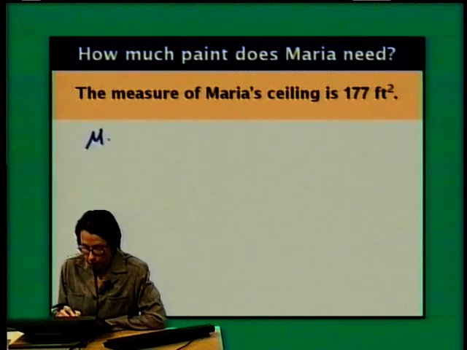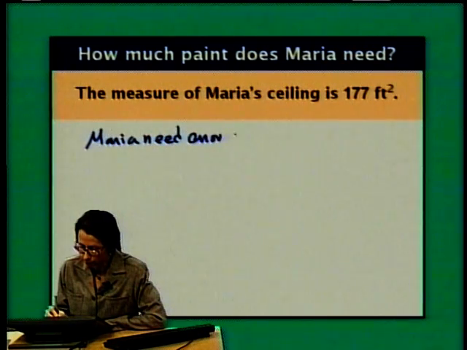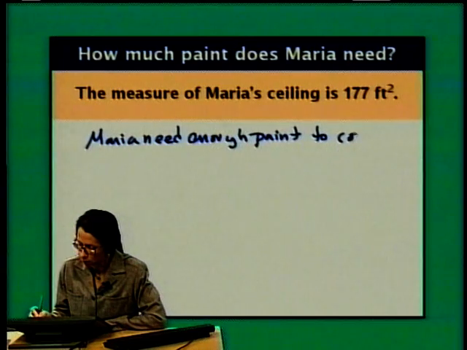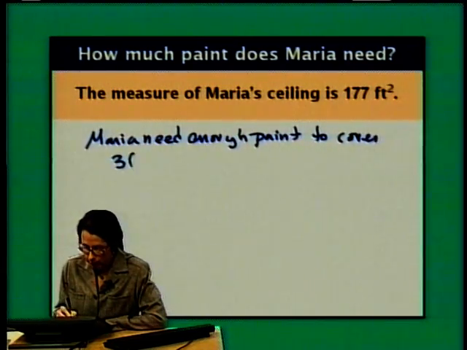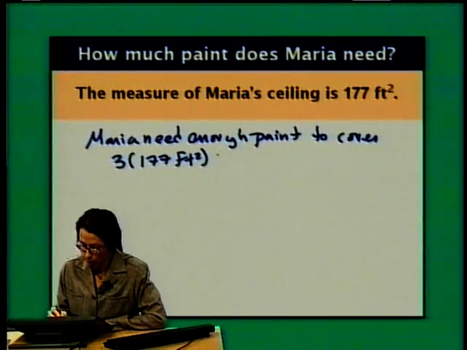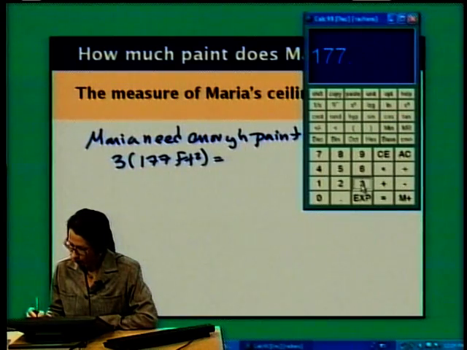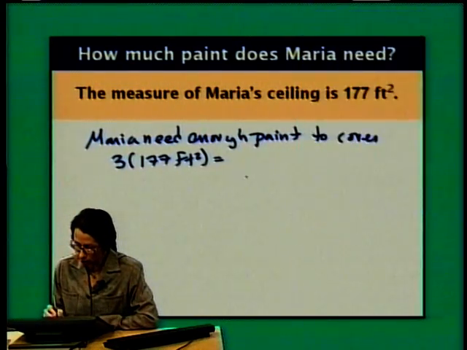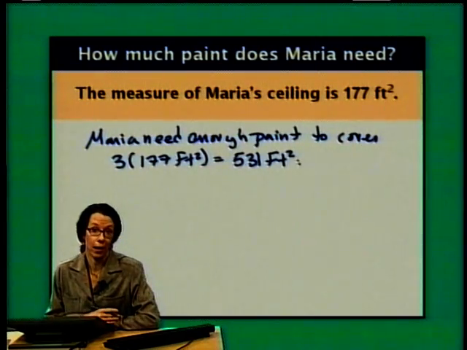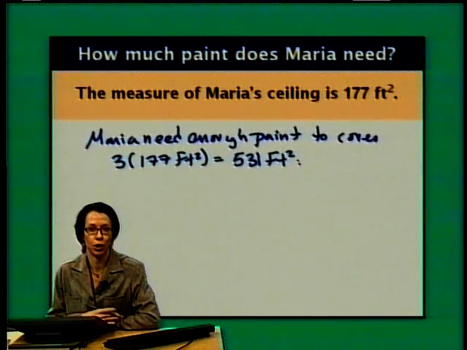So Maria needs enough paint to cover 3 times 177 square feet, which is, let's perform that calculation, 531 square feet. Okay, so we know how much needs to be covered by the paint she's buying.